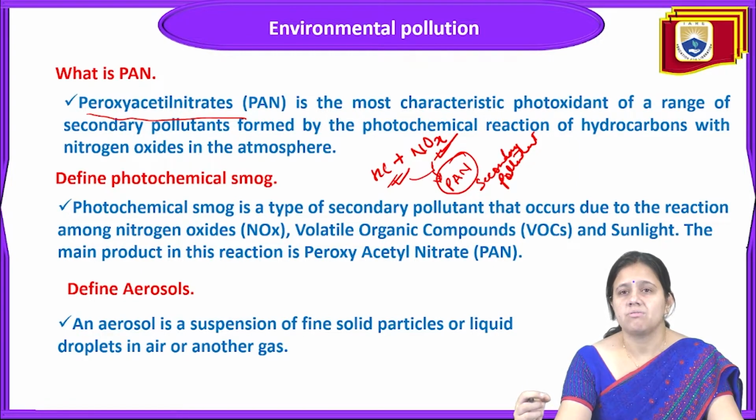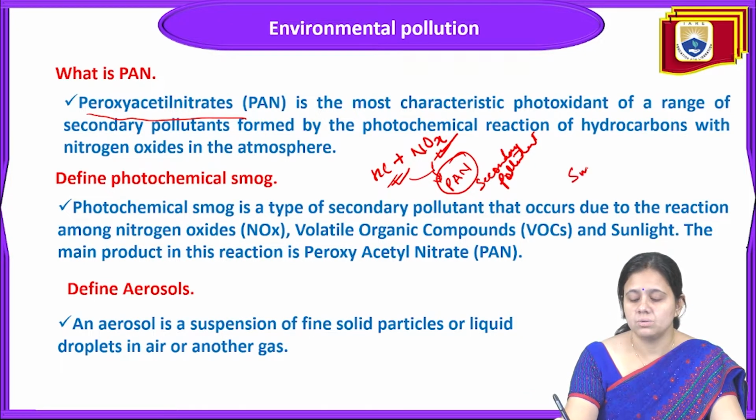Next is to define photochemical smog. As we already know, smog is formed from two words, smoke plus fog. This is a very important term in air pollution. Smog is equal to smoke plus fog.